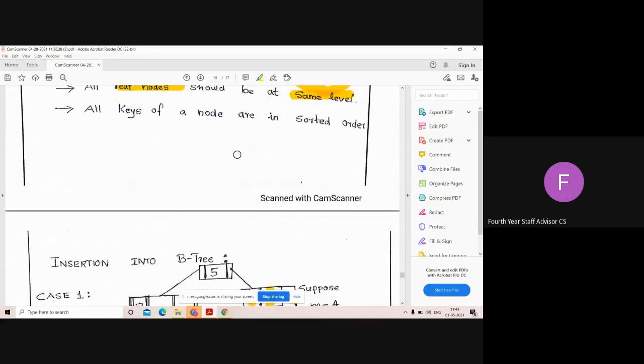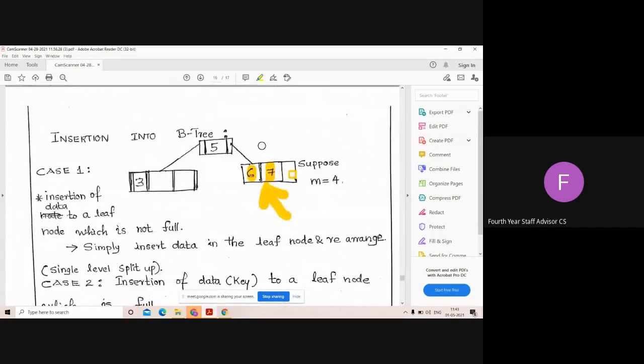These are the various properties. Additionally, it should satisfy the BST property. Why is it a generalization of BST?